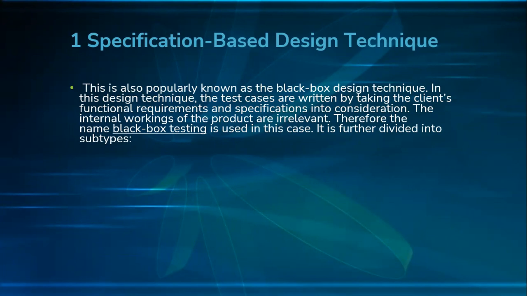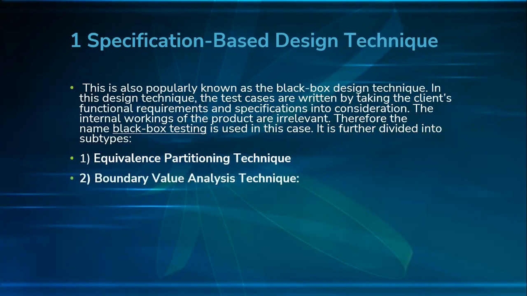The internal workings of the product are irrelevant. So there are 5 of them that we are going to look at now. It's further divided into one, which I've said, equivalent partitioning technique, and boundary value analysis, which is called BVA.